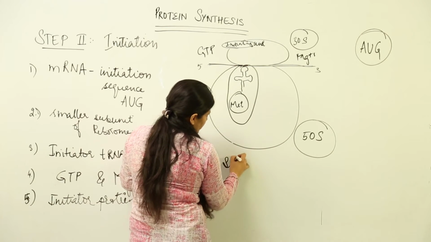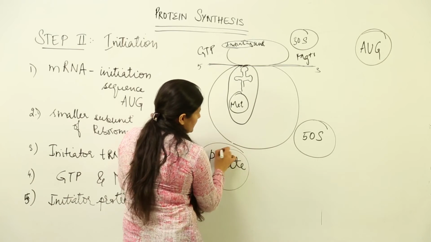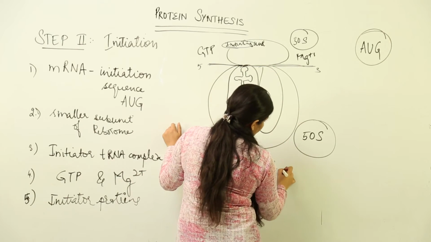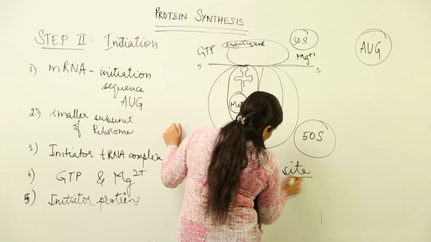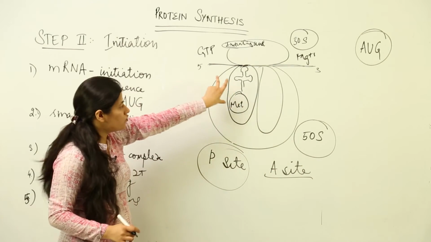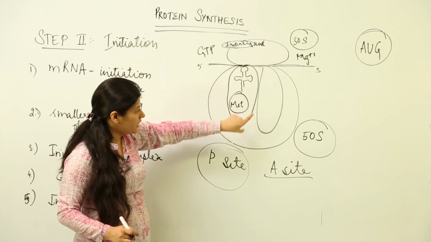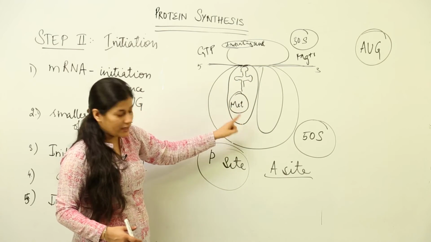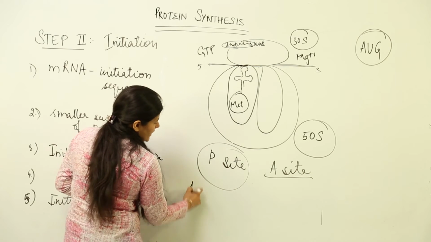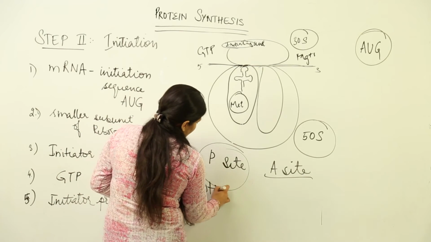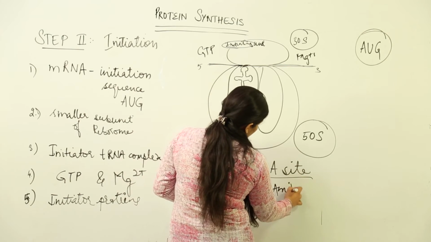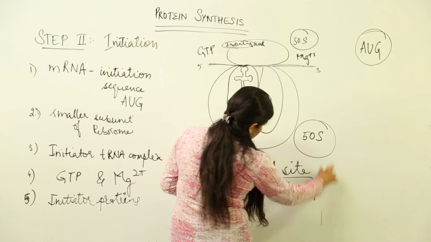This larger subunit has 2 sites, one is P site and the other is A site. You have to remember this, these are like rooms that are present. In one room comes and joins the tRNA, the space for the initiator tRNA, that forms the P site known as peptidyl site, and this is aminoacyl site, right.